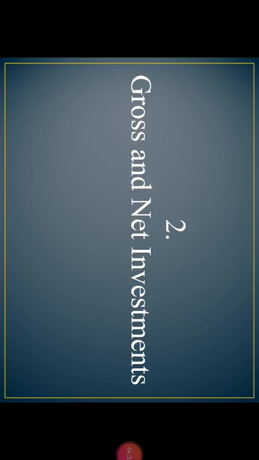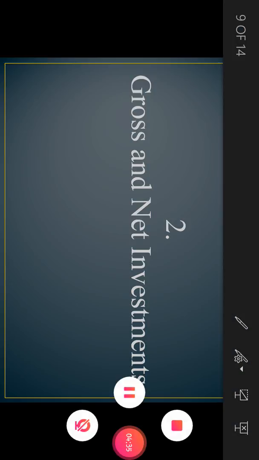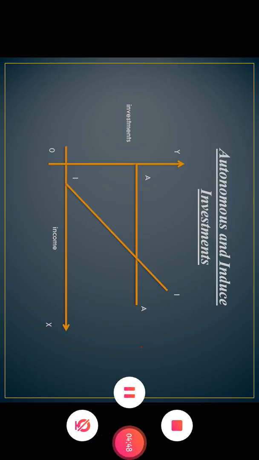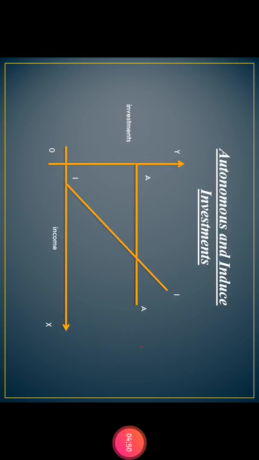In the diagram, line AA, which is parallel to the x-axis, represents the autonomous investment, indicating that autonomous investment does not change with the change in income. The upward sloping II curve shows that investment will increase with a rise in income, or the opposite of that.